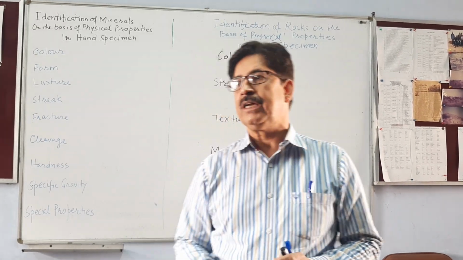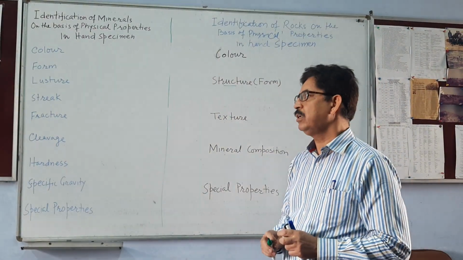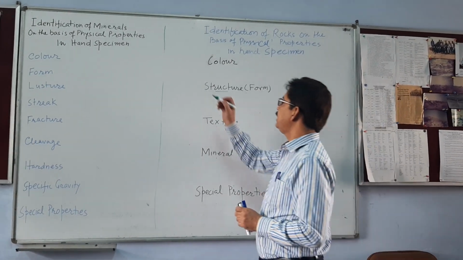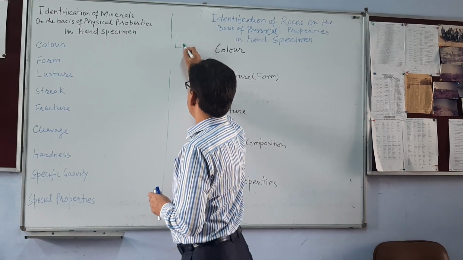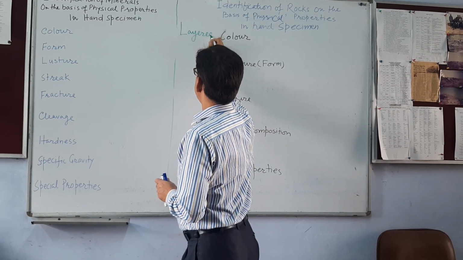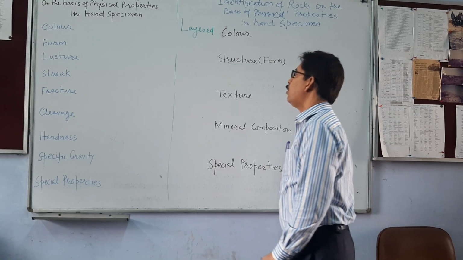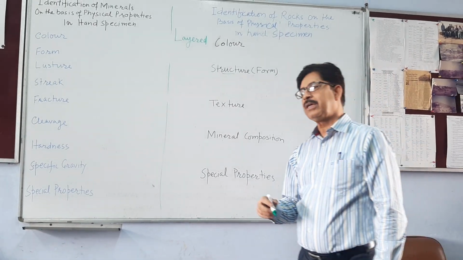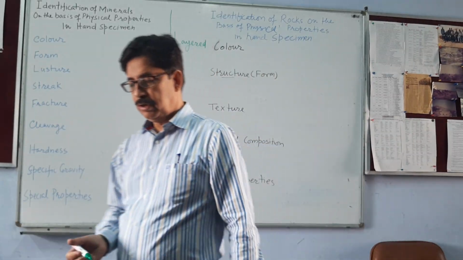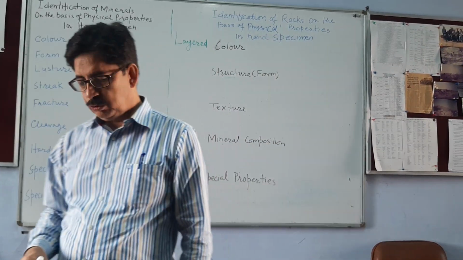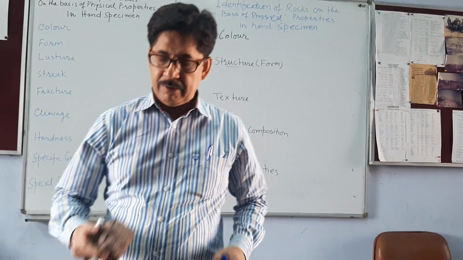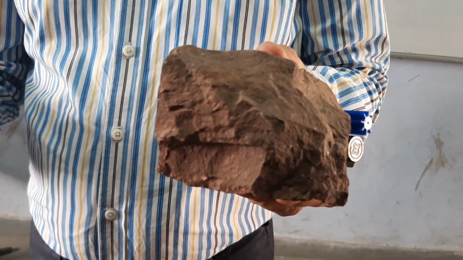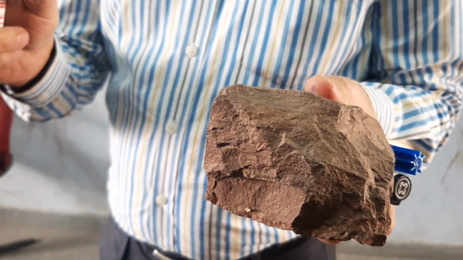So when we go for identifying sedimentary rocks, as I have already told you, if we get a layered rock, we can suspect it to be sedimentary rock. A layered rock can be metamorphic rock also, and perhaps I have shown you one sample, this one, which is a volcanic rock formed due to the deposition of ash.